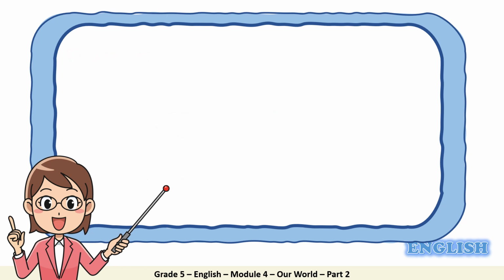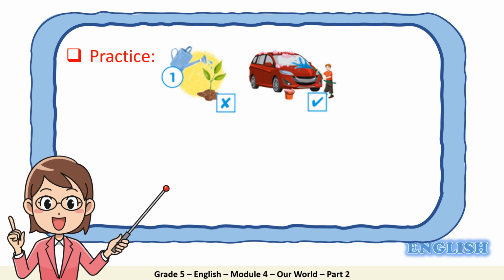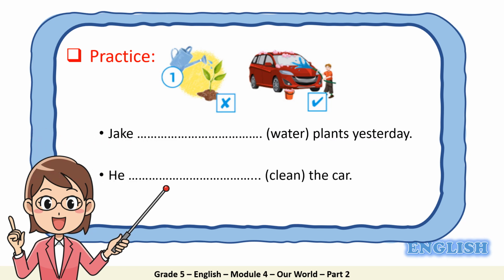Let's see this one together. This is Jake. Take a look at the pictures and try to complete the sentences. Ask yourself, did Jake have to water the plants or did he have to clean the car? I will give you a few seconds. Try to finish the 2 sentences. So, what is the answer for sentence number 1?